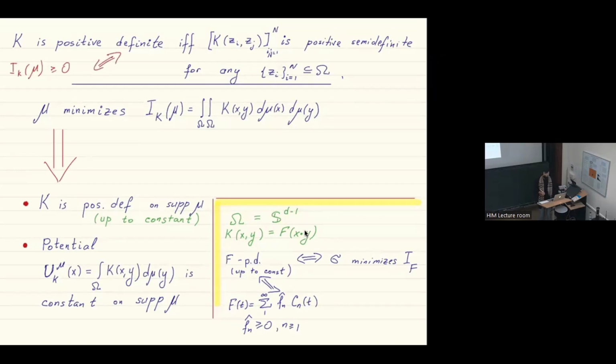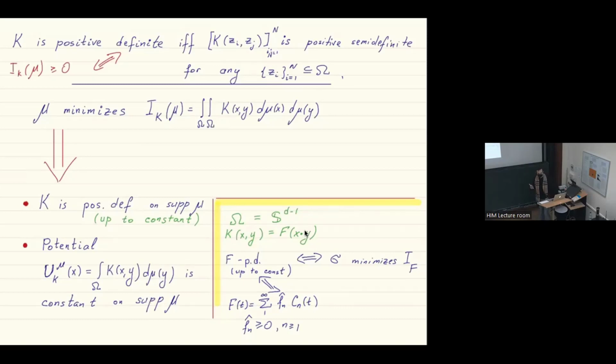There is one immediate connection, which is not hard to prove: if mu is a minimizer of the energy integral, then on the support of mu, k has to be positive definite, up to a constant, because shifting by a constant doesn't change anything. The converse is not necessarily true. Another very standard fact from potential theory is that if you have a minimizer and you compute the potential, that is, you integrate just once, the potential created by this measure with respect to this kernel has to be constant on the support of the measure.